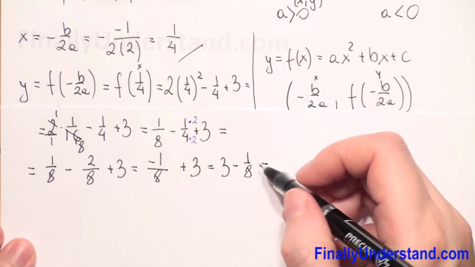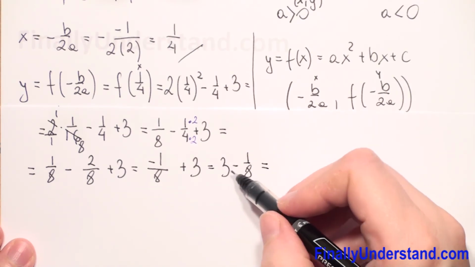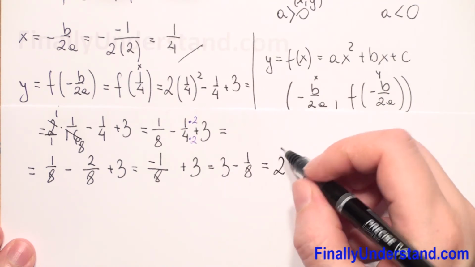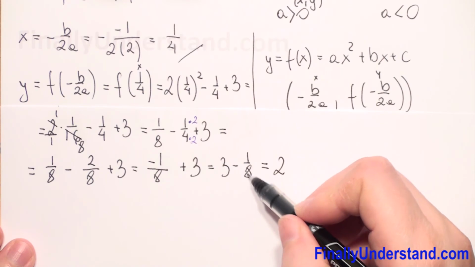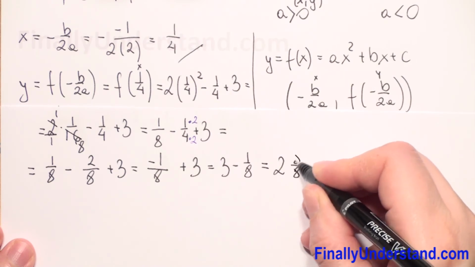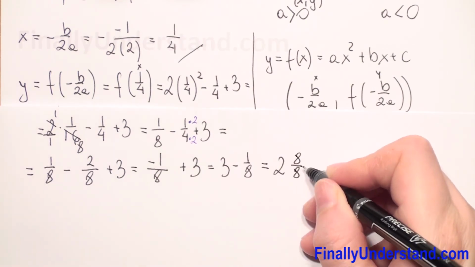So this is equal. Because we have fractions, I will rewrite that 3 is 2 and 1, and I will change the 1 to a fraction. I need the same denominator to do subtraction, so I will write that this is 8 over 8. 8 over 8 is 1.